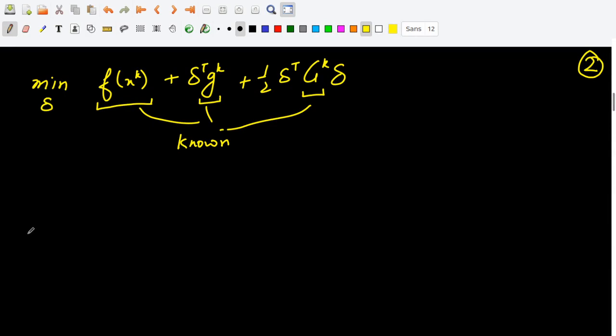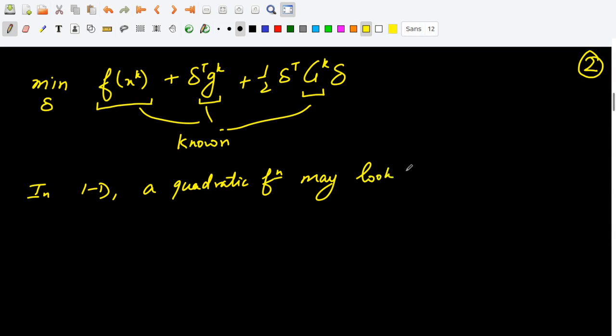In 1D, a quadratic function may look like a bowl, or like this.